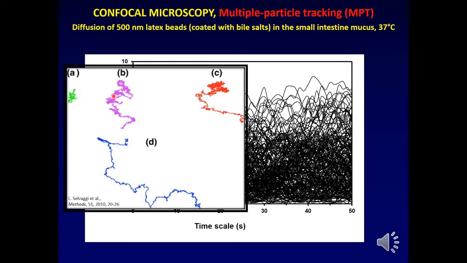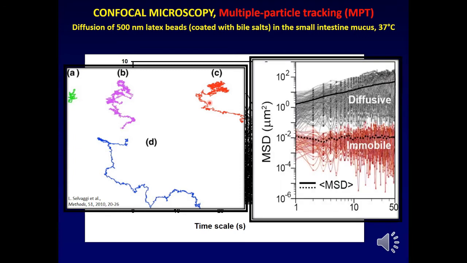And here we have examples of the tracks of diffusing particles. The distance data is usually used to calculate mean square displacement, and from the data obtained from individual particles we can define the families of diffusive particles and also the particles which were immobilized by the mucus, the subdiffusive particles.